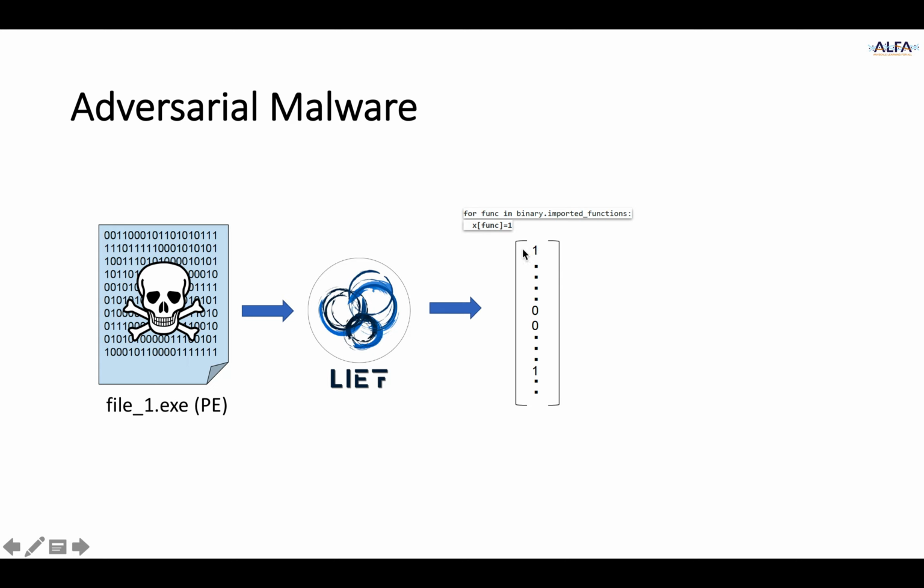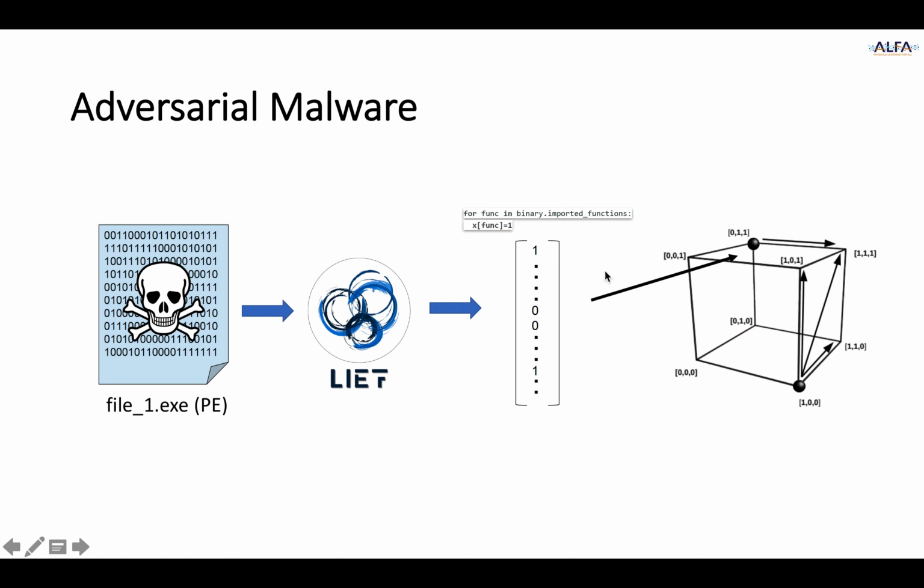But for the API call at this entry, they cannot remove it because it's important to the functionality. So you can think of these binary indicator vectors as vertices in the hypercube, and they could move to certain vertices by setting these bits, but some other vertices they are not allowed to move to.